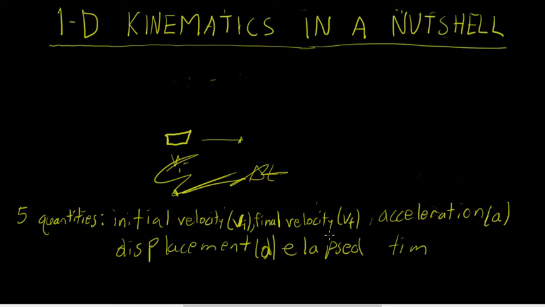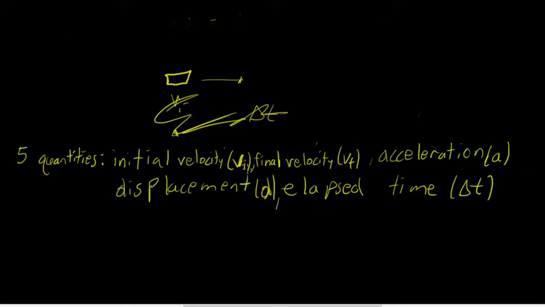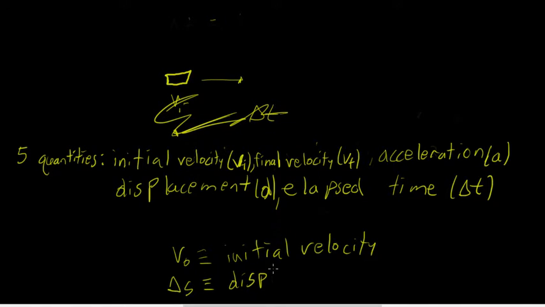Displacement is denoted d. And elapsed time is usually denoted delta t. And sometimes you might see v naught, like v sub 0, for initial velocity, and sometimes you'll see delta s for displacement. But here for initial velocity, we're going to be using v subscript i, and for displacement, we'll be using d.